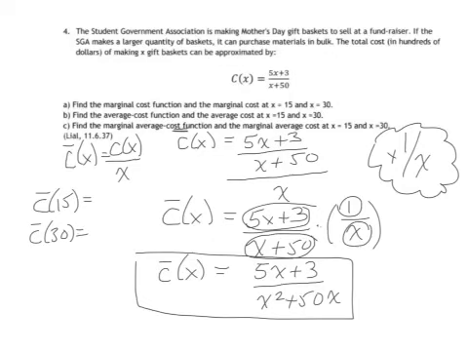And when we calculate the values, we're going to be getting 0.08 and 0.0638. Okay? So we're looking at 8 cents and just a little bit over 6 cents. So there we go. And now let's go on to the next question, finding the marginal average cost function.